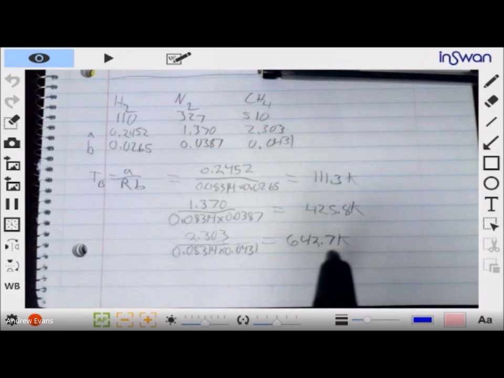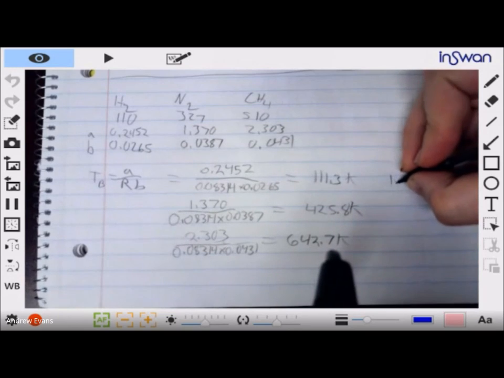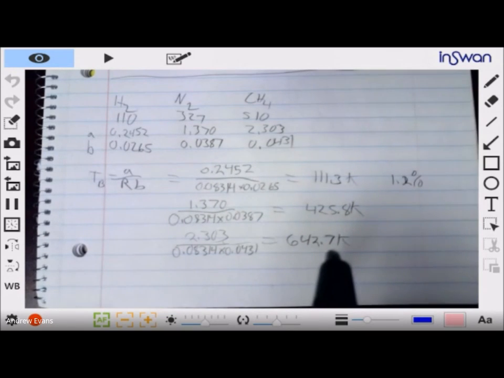You can actually look at the percent change with hydrogen. Sure, look at that one real quick. That one has a 1.2% difference. However, with nitrogen, we have a much bigger difference from predicted and actual.